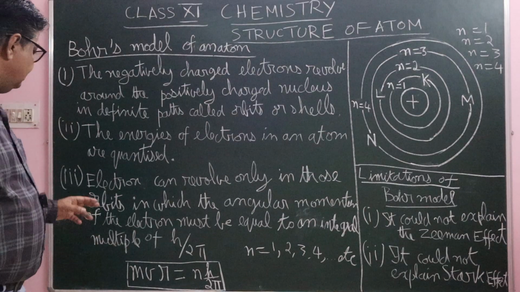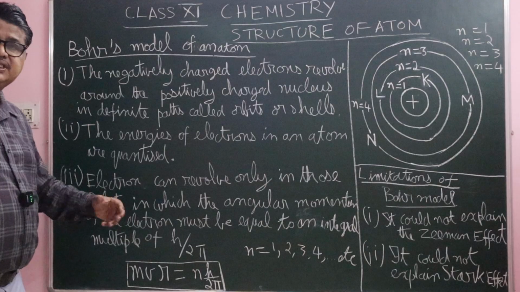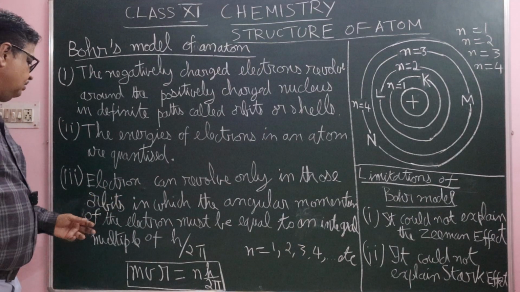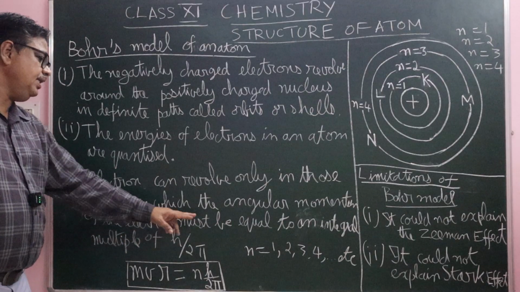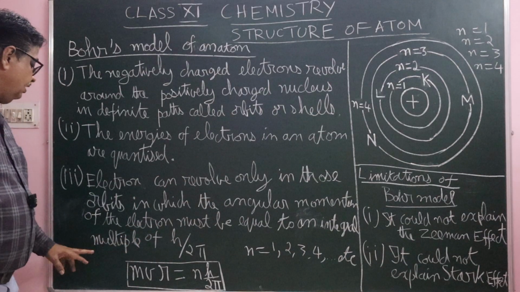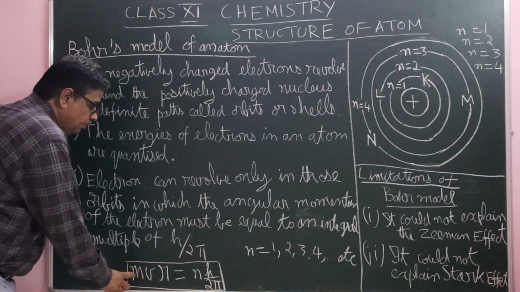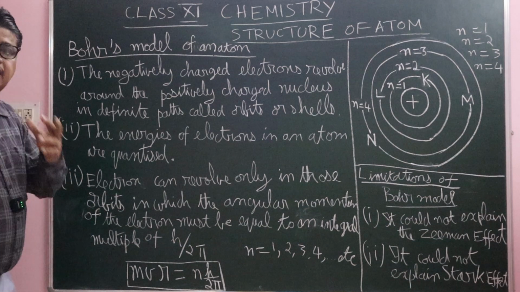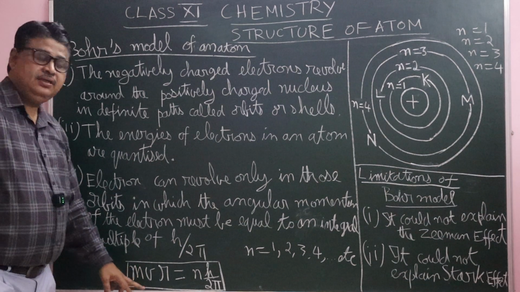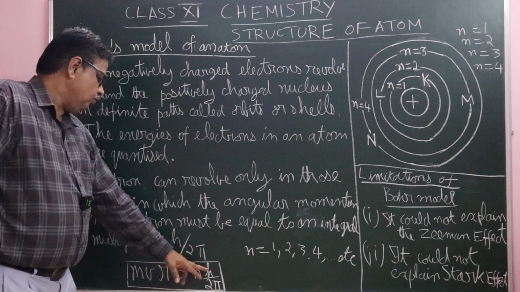So, the electrons can revolve only in certain orbits in which the angular momentum, mass of the electron into velocity into radius, is equal to nh by 2 pi.